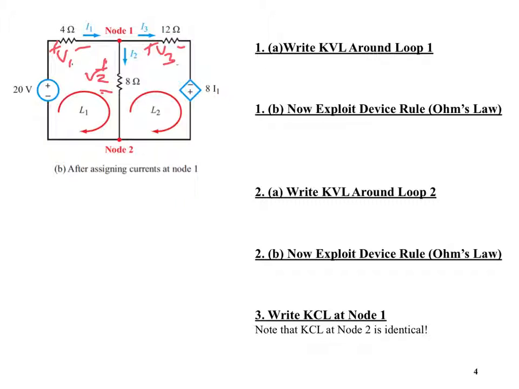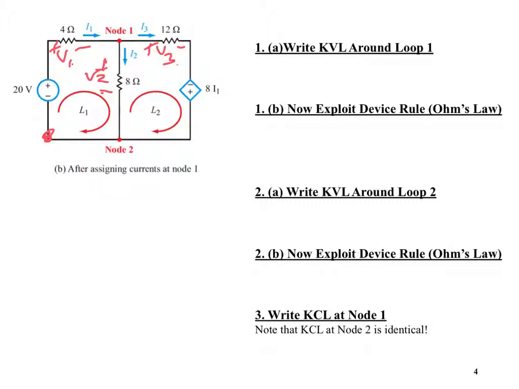We've got our arbitrary voltages named and signed. We've got our currents named and directioned, and we're all ready to write KVL around loop 1. It doesn't really matter where we start, but we'll start down here at the lower left-hand corner, going clockwise.